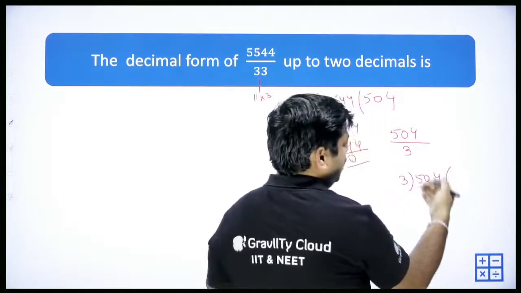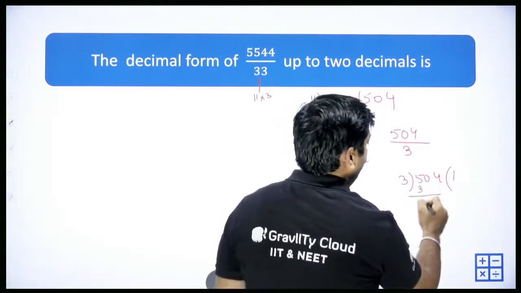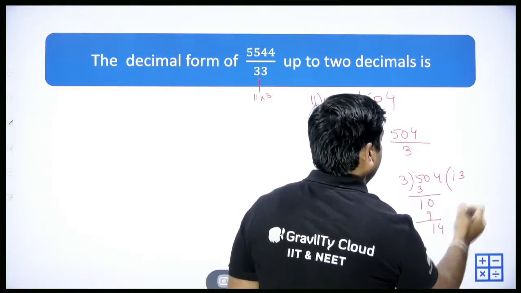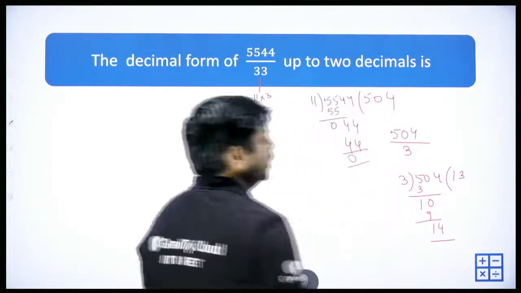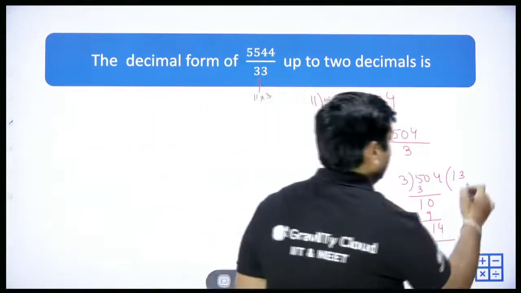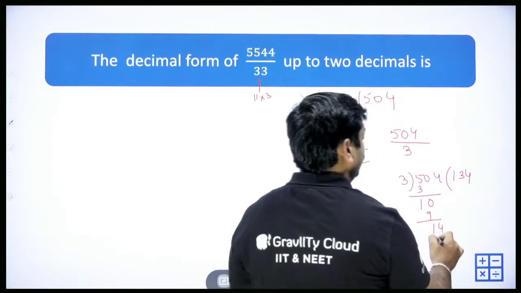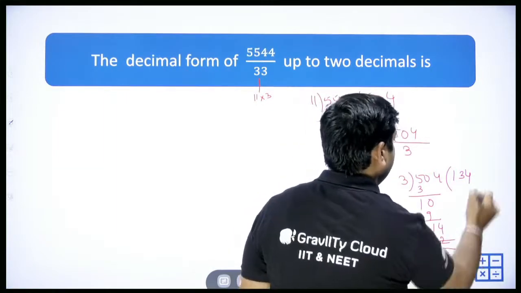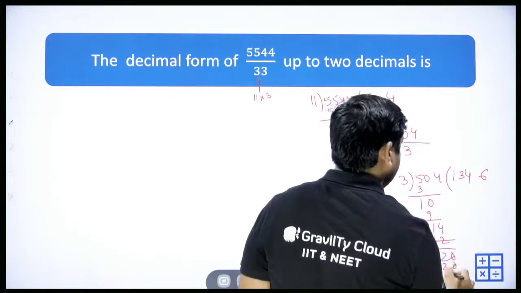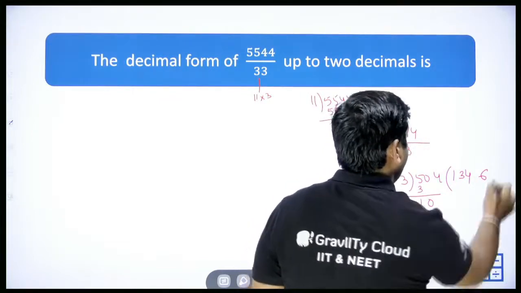So 3 ones are 3. 3 3s are 9. We cannot cancel that, right? Now 3 4s are 12, so that will give you 2 and then 0, 3 6s are 18, and it again continues.